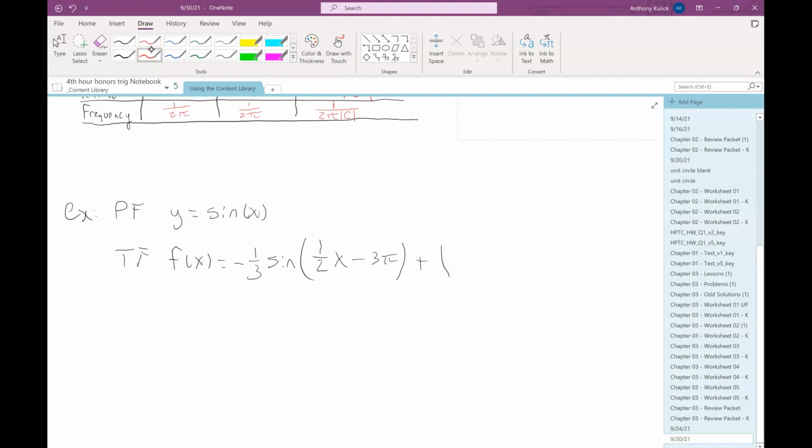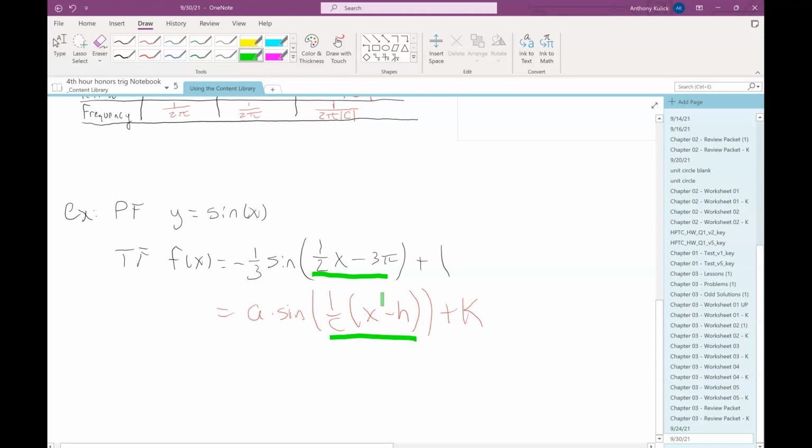All right. So remember that our transformed version in this case looks like this, right? Before I go out trying to identify my A, C, H, and K, what should I do? Yeah, I got to get that x so it has a leading coefficient of 1, right?